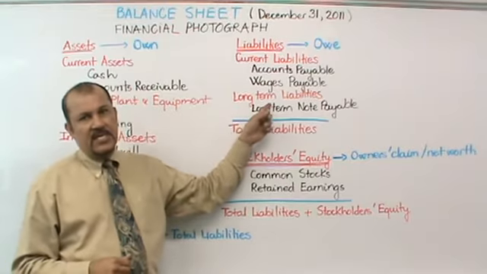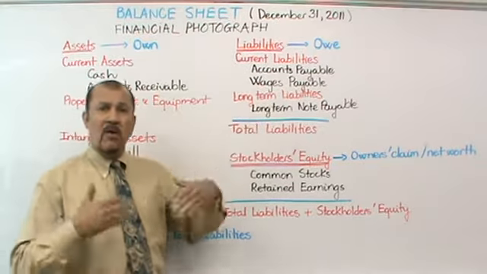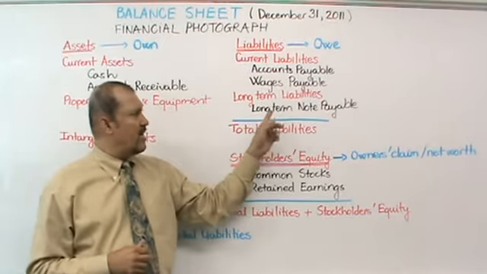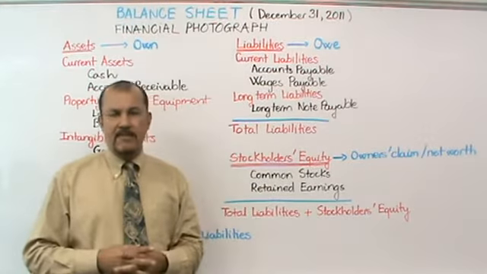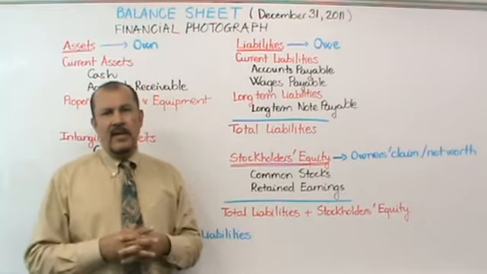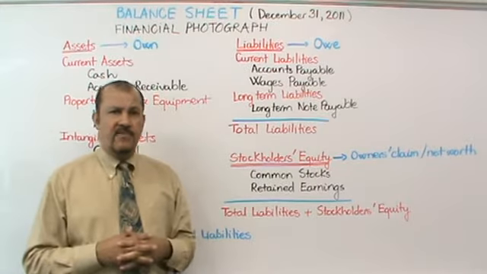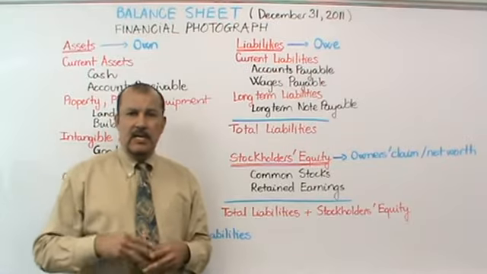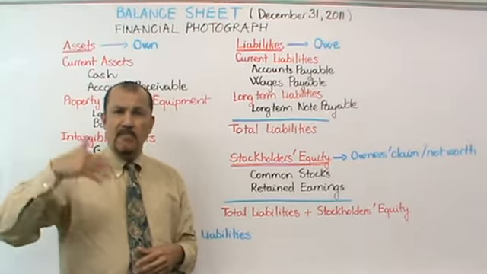Now, the next subsection under liabilities would be long-term liabilities. And again, you could have different accounts. I've just illustrated one account, long-term notes payable. You buy a car, for instance, you sign a promissory note with a bank. And oftentimes those car payments are made over many years.